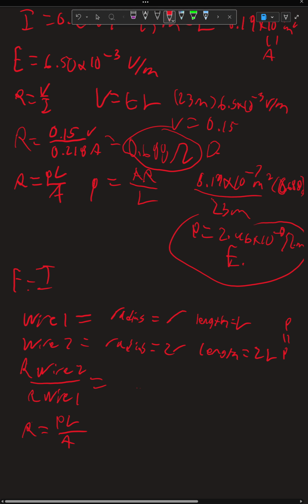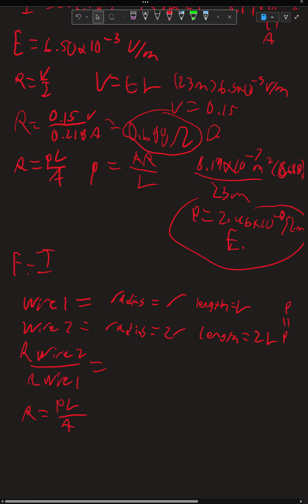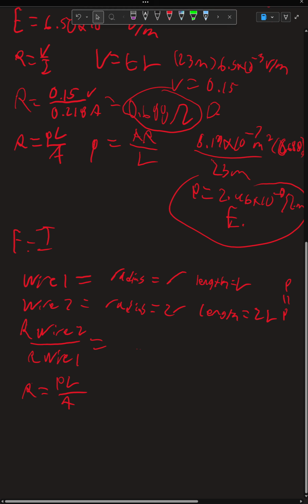Since wire 2 has 2r and length of 2L, to find area, since we don't have area, we have radius, we just have to use the formula for area of a circle, cross section. Area equals pi r squared.